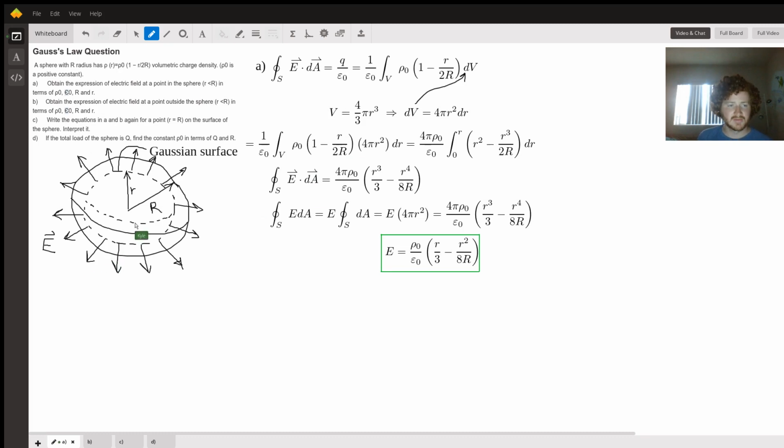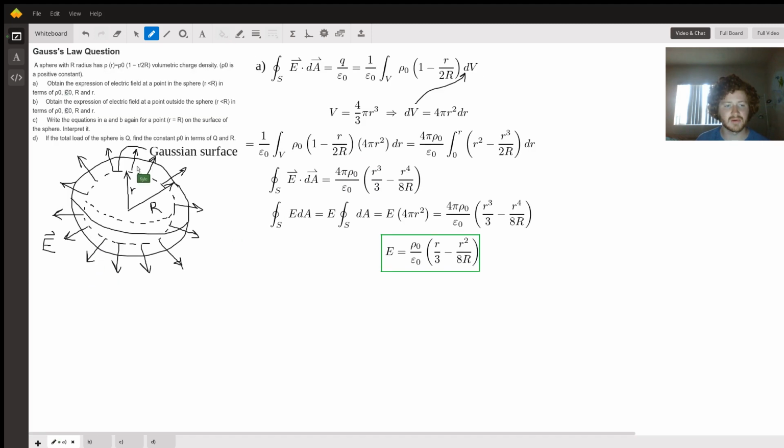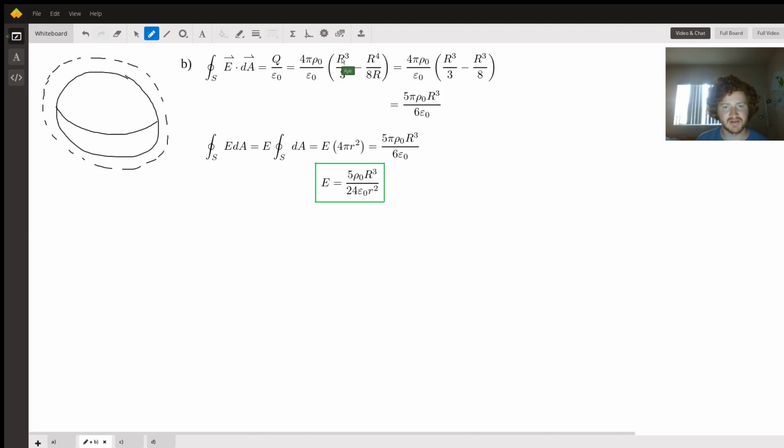Okay, so part C is asking you to compare equations A and B, looking at them at the point r equals R. Basically what they want you to see is that the two functions, this one and this one, are going to be equal on the surface of the sphere. And we know that because we used the surface of the sphere to solve part of this function.